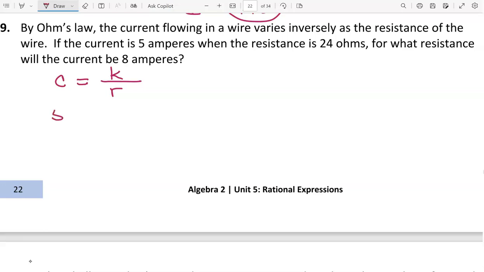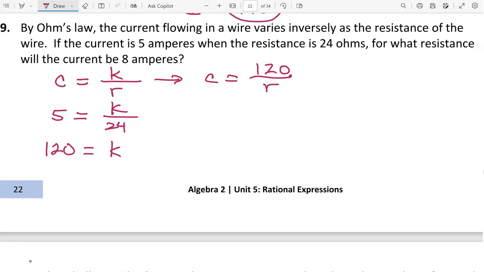If the current is 5 amperes, when the resistance is 24 ohms, that gives us an equation that will allow us to solve for the constant of variation K. So multiplying both sides by 24, we get K is equal to 120. That means that our equation of variation is C equals 120 divided by R.